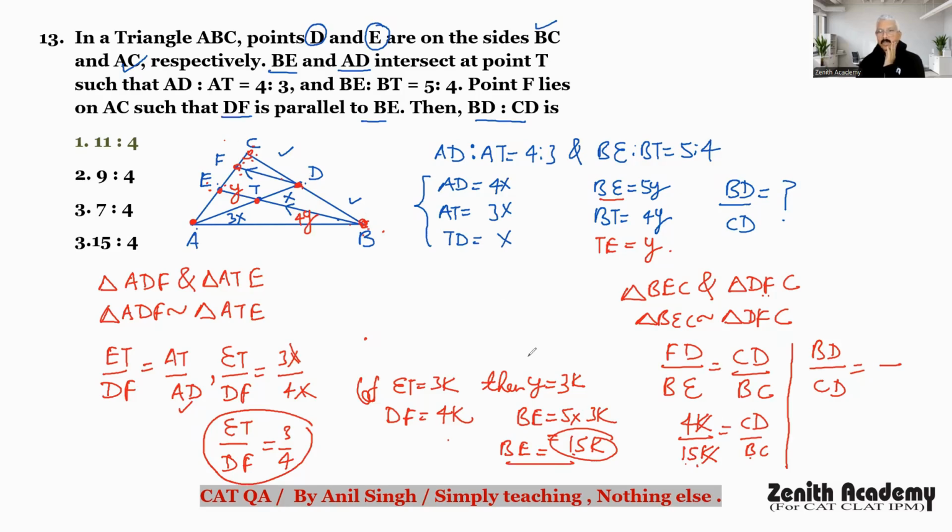So here BD is going to be 15 minus 4, which is 11, and CD is 4. So 11 is to 4. This is our answer.